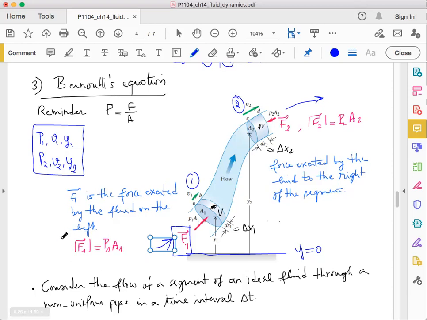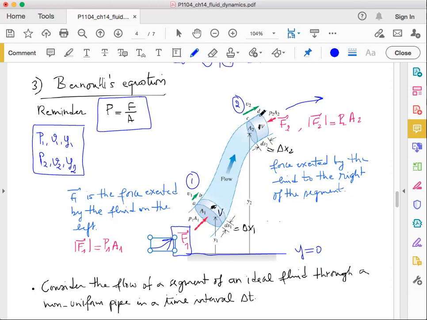Where did we get this? We get this from the definition of pressure. You remember the pressure was defined as the force divided by the cross-sectional area. So if the fluid behind exerts a force on this face of the tube, it means that F1 is equal to P1 times A1, where A1 is the cross-sectional area at point 1.